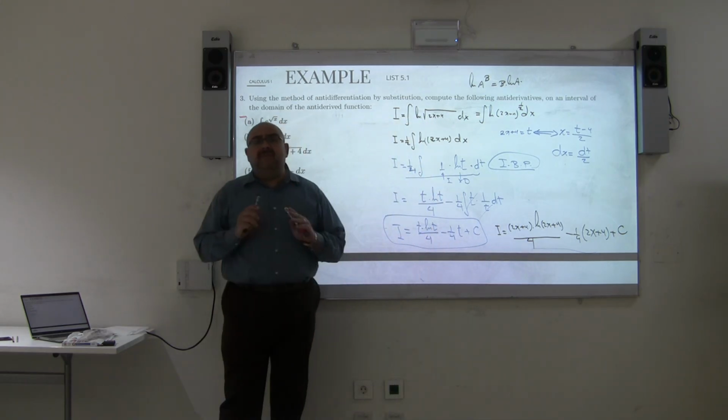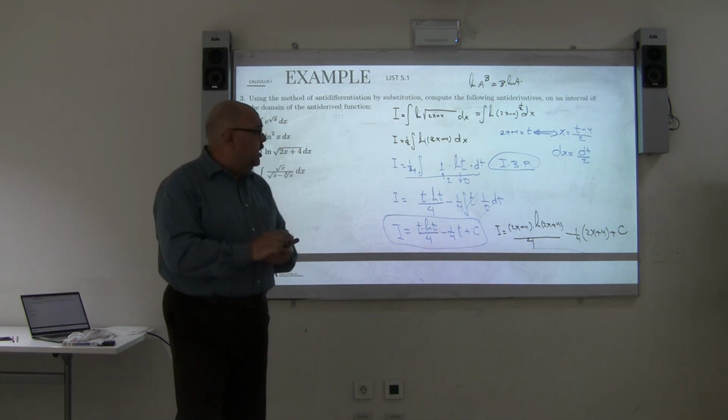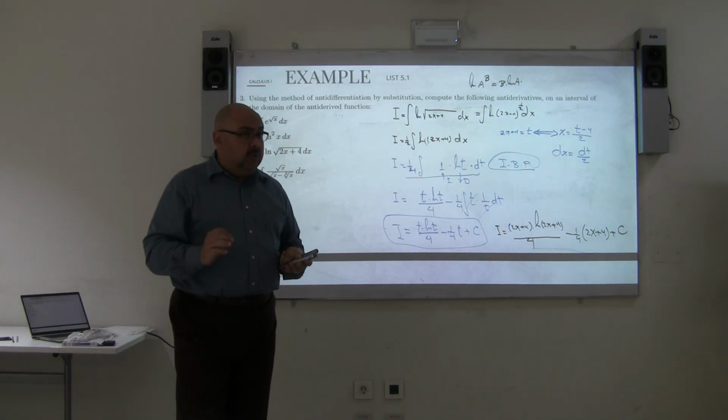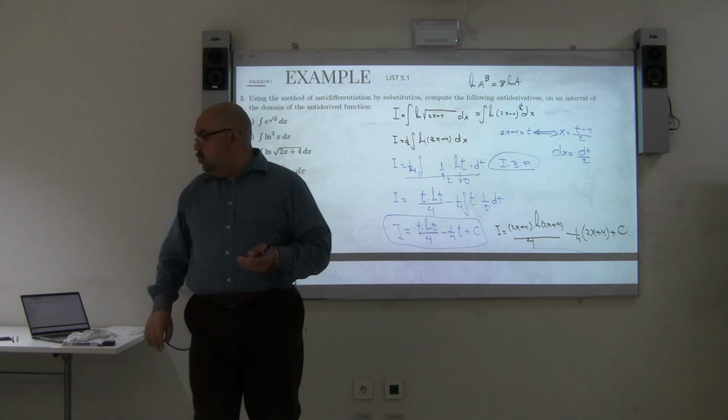As I told you, it's a very simple way to conduct your integration, but you will have to focus. Okay? So choosing the right way to integrate is the key in solving these problems.